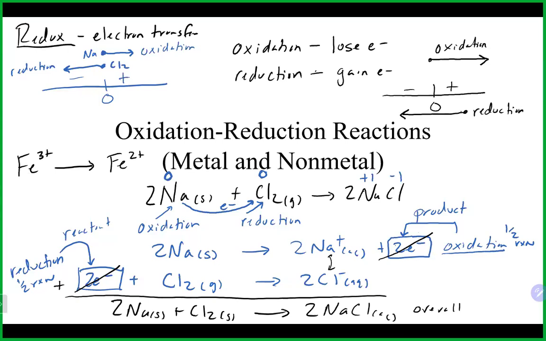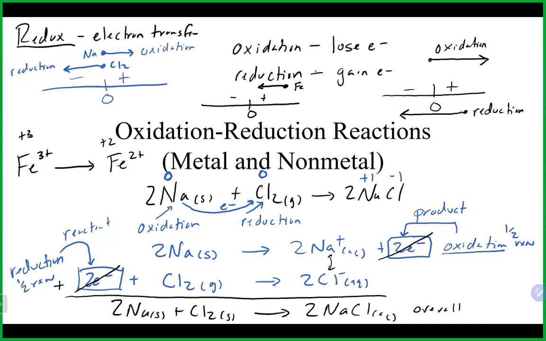All right, so let's take a look. Once again, if you're not sure, we can use a number line to help us out here. We already know what the oxidation numbers are. The iron is going to be +3, which is the exact same thing as its charge. And the iron on the right is going to be +2, which again is the exact same thing as its charge in this case. So the iron is starting over here at +3, and on the right-hand side it ends up at +2, which means it is moving in the negative direction.